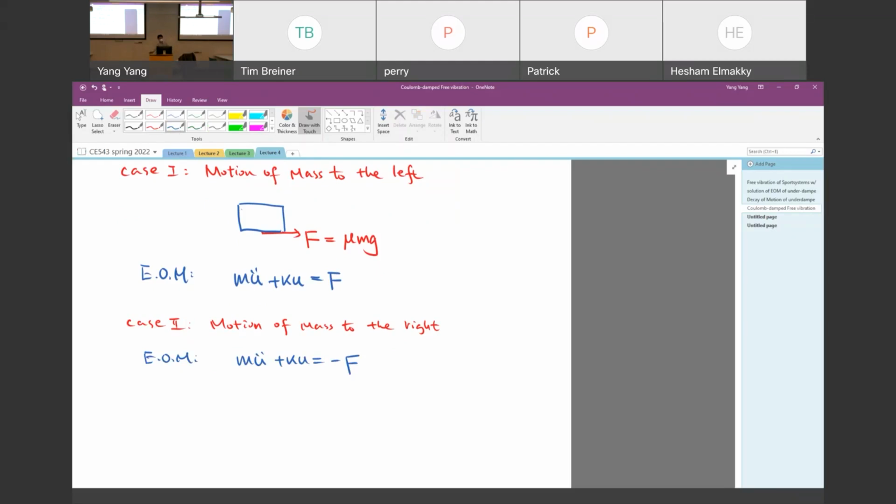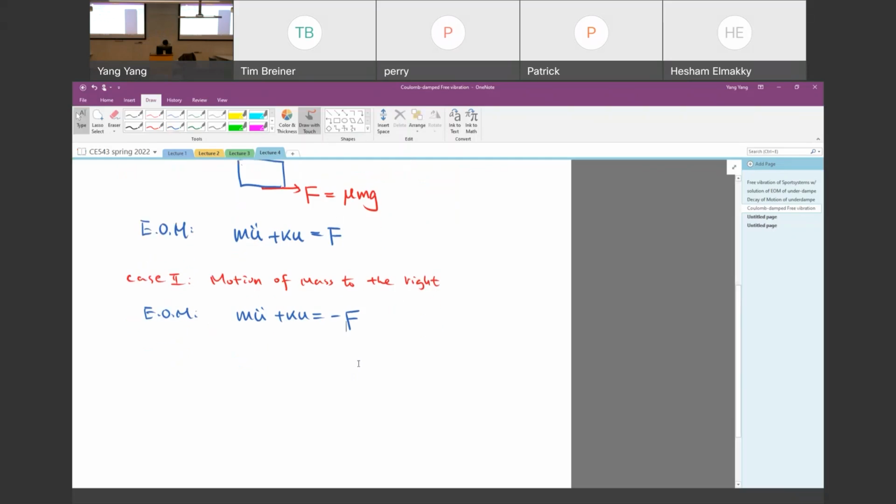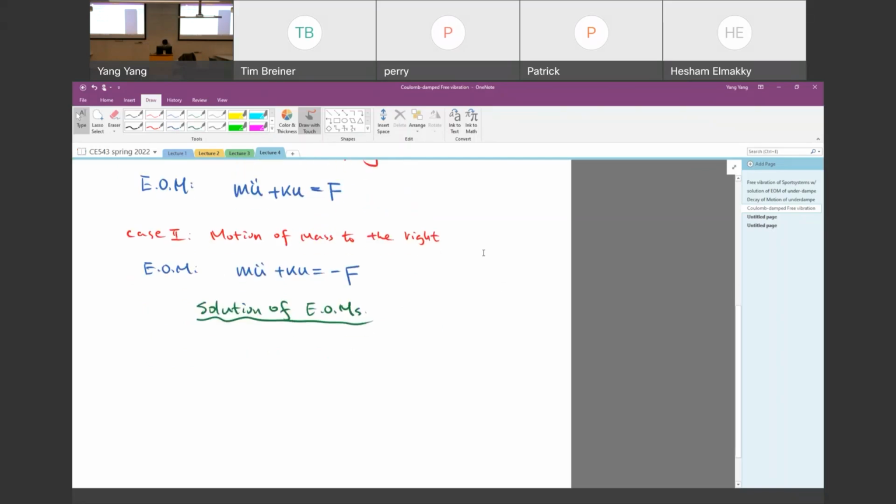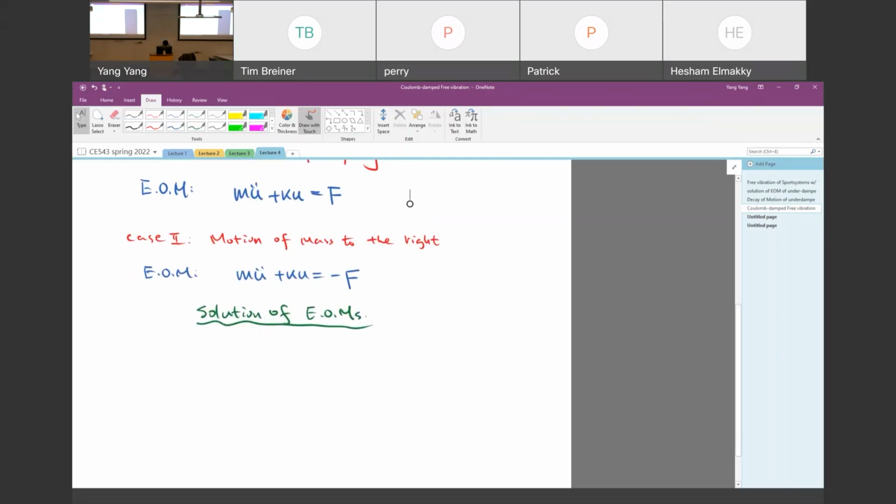So in this case, we just go ahead and solve two differential equations, rather than one differential equation as in the viscous damping case. The solution: for case one, equation one, equation two.